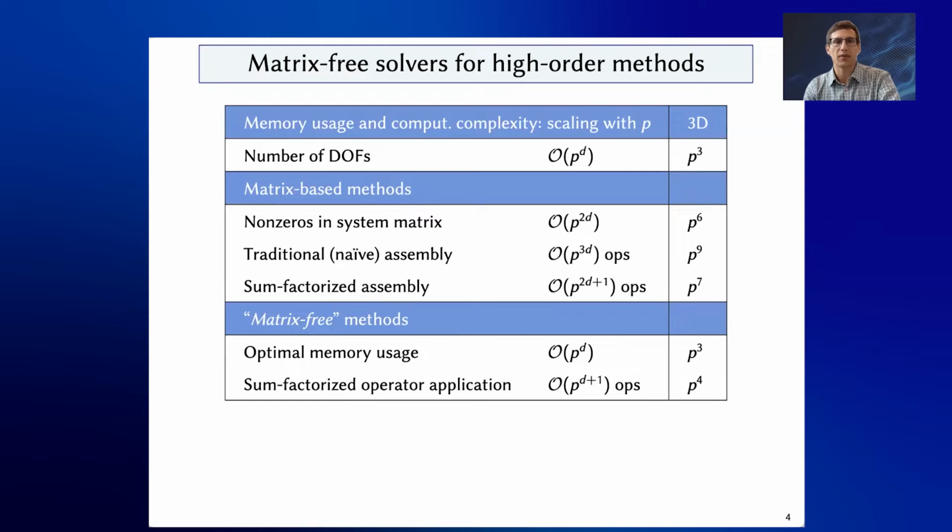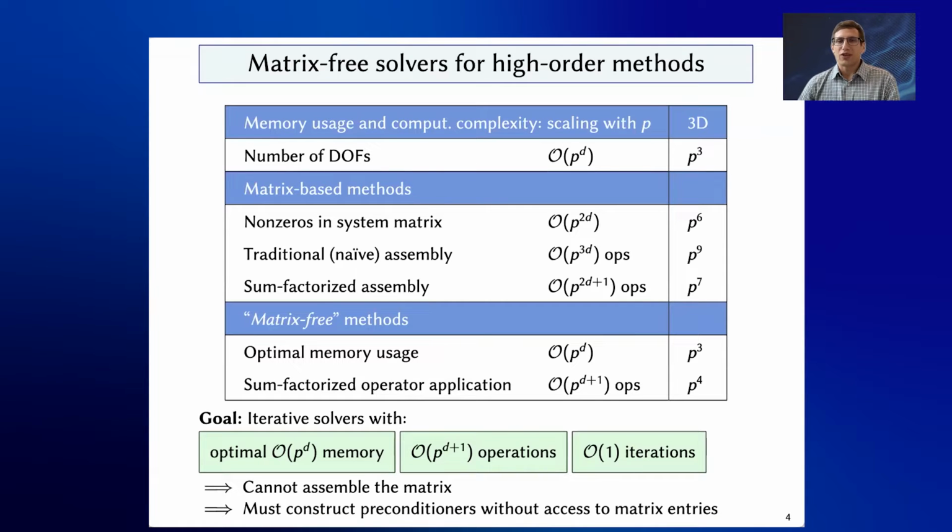On the other hand, matrix-free methods have optimal memory usage. It's O of 1 memory per degree of freedom. And the operator evaluation is P to the 4, so it's not optimal in that sense, but it's linear operations per degree of freedom, and it can be optimized really well. It can go really fast. So matrix-free methods really get around this bottleneck of working with the matrix representation.